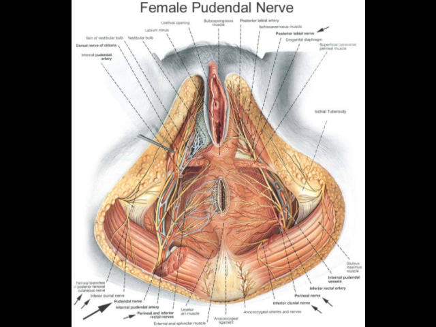The transverse perineal muscle is basically one long, skinny muscle that goes along the very bottom of the bulbospongiosus muscle area. It is right above the anus and right below the bulbospongiosus muscle, and it goes all the way from one side of the pelvis to the other. That's the superficial transverse perineal muscle.